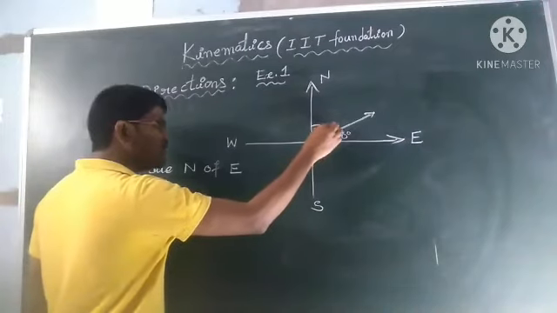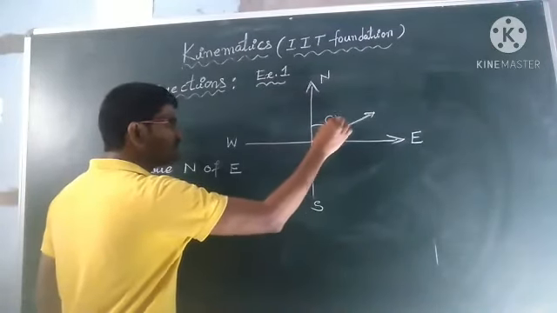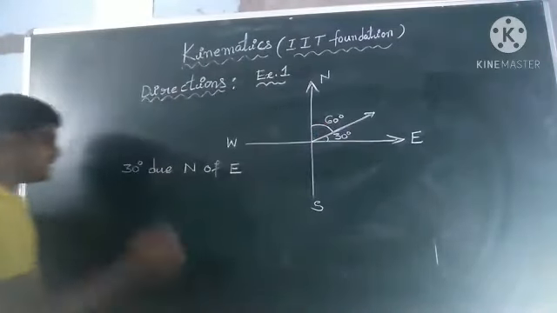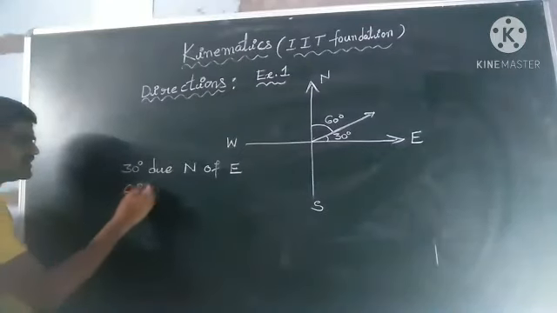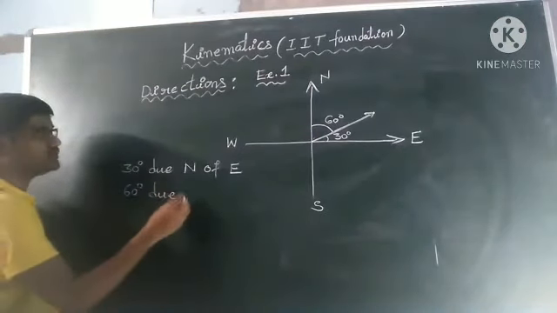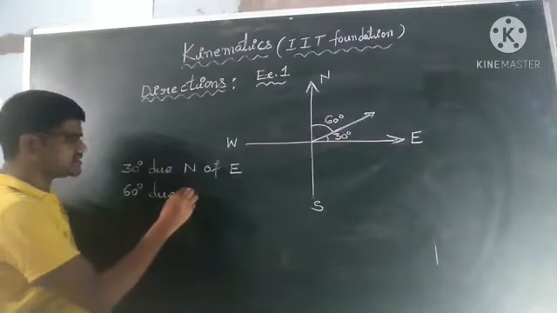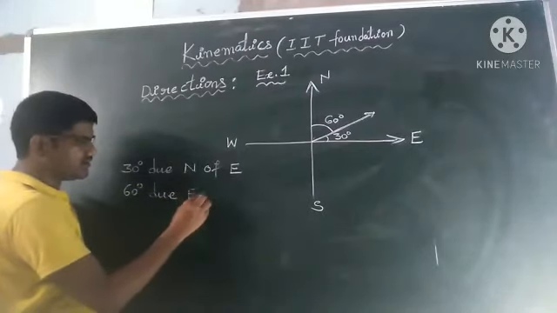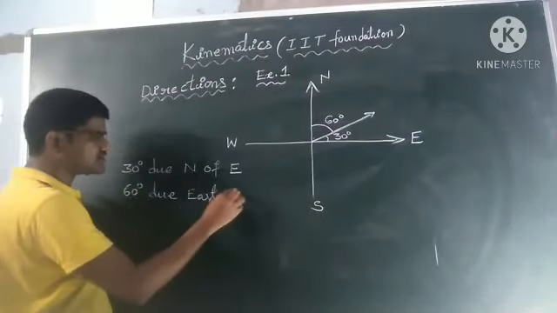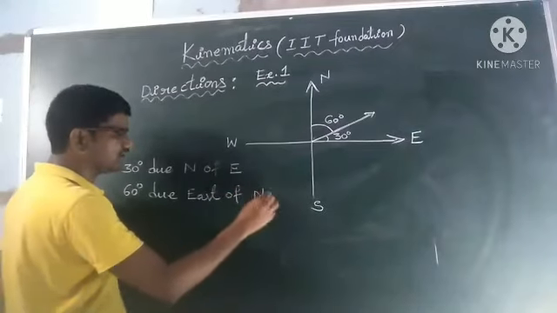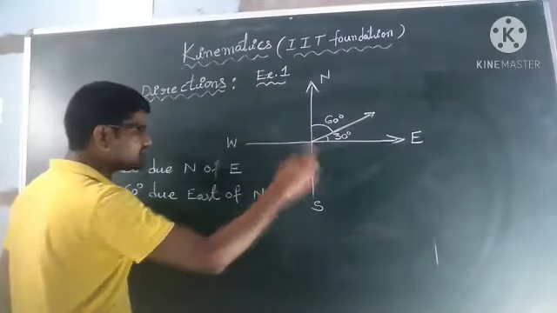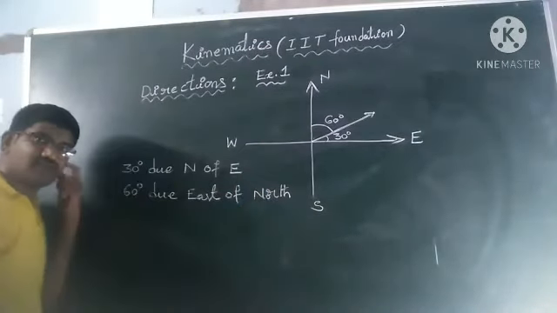Or the same thing I can consider with this 60 degrees. Then I can write it as 60 degrees due east of north also.